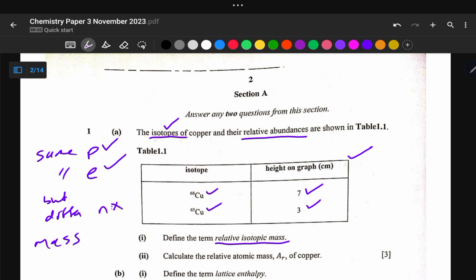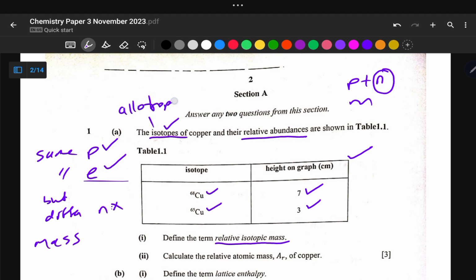The mass number is made up of the protons plus the neutrons. So if we are having different number of neutrons, it simply means that we are going to have different mass numbers. You need to take note of that, and also you should be able to define the term allotrope.